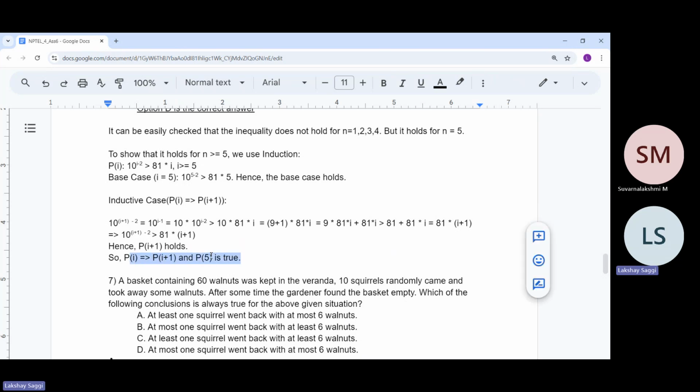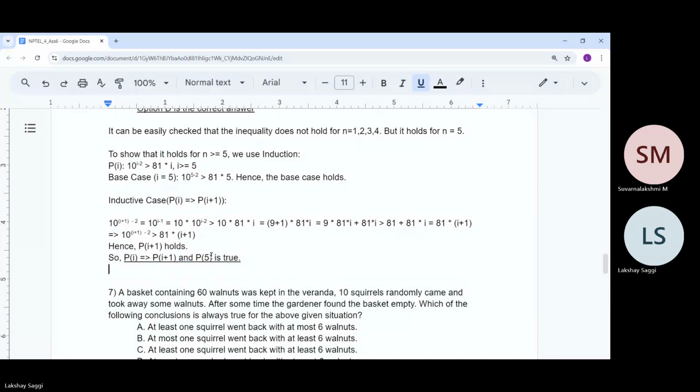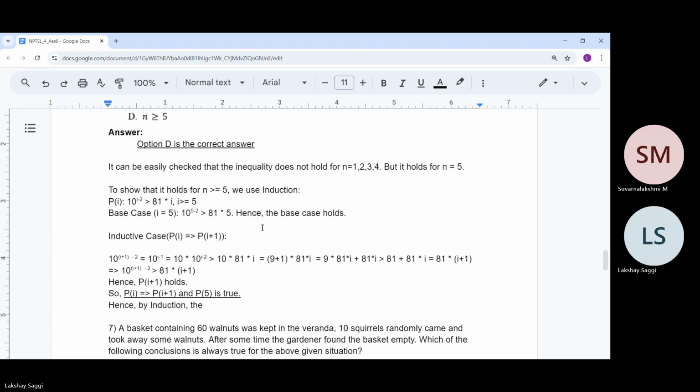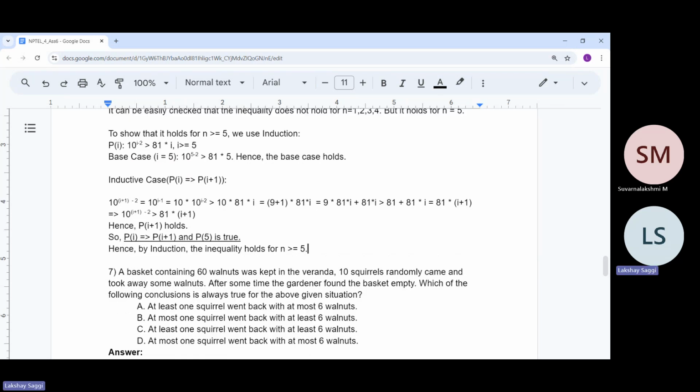And because of these two arguments, hence by induction, the inequality holds for n greater than or equal to 5. I hope this makes sense. This is how we actually write the proof.